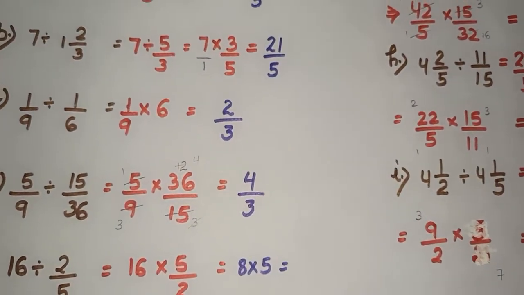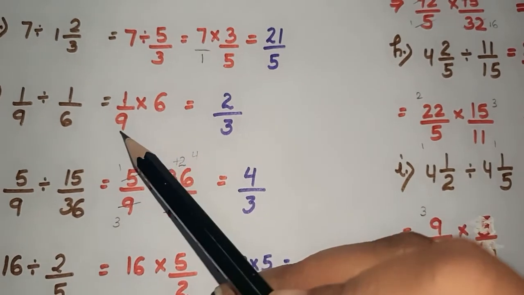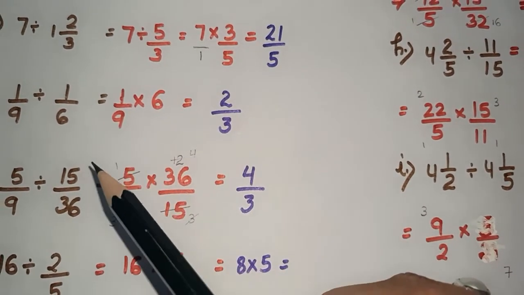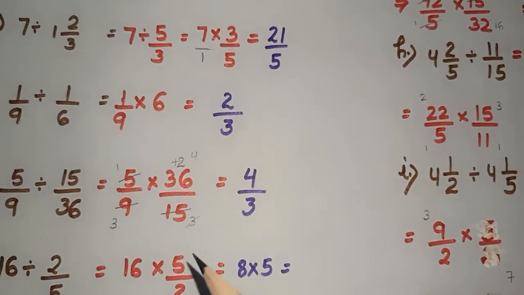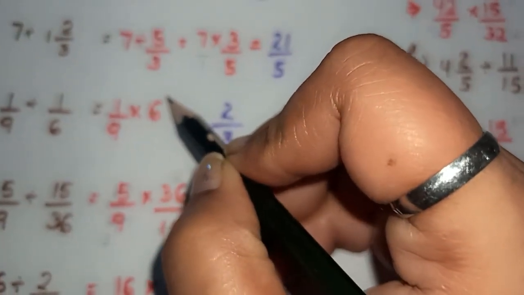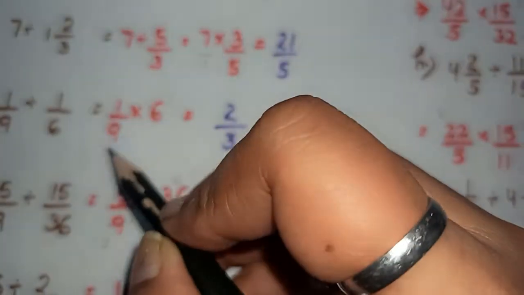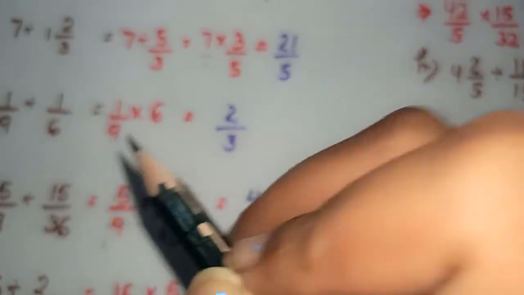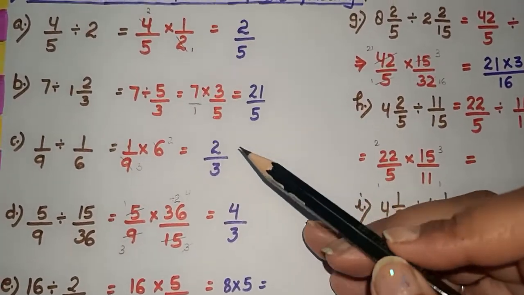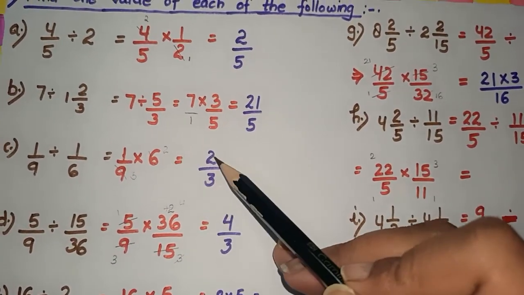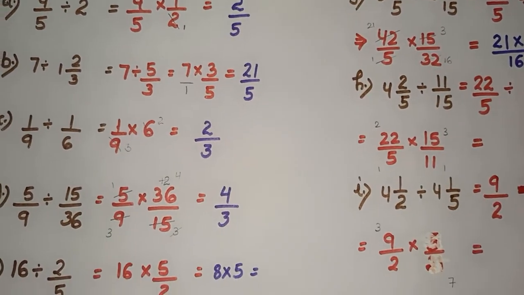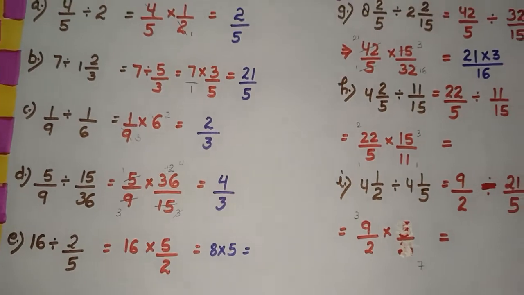Okay, now we need to check whether the numerator and the denominator are divisible or not. Yes, we can divide both of them by the same number. 3 twos are 6, 3 threes are 9. Okay, so only 2 is left in the numerator and only 3 is left in the denominator. So this is our answer.